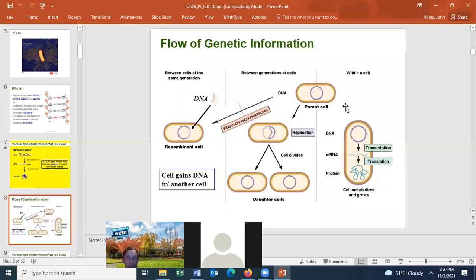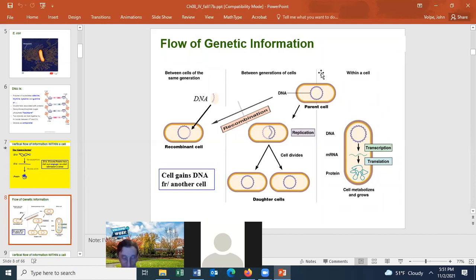Within a cell, the information in DNA flows from DNA to RNA in transcription to protein in translation. Between generations of cells, the DNA flows from the parent cell, which divides, and the DNA goes to one side of the cell and the other DNA to the other side of the cell. And then the cell divides into two so that each daughter cell gets an exact copy of the parent DNA.